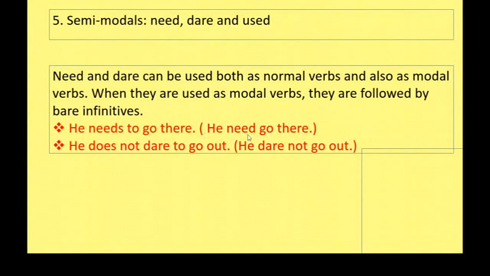So interrogative: need he go there. Negative: he need not go there. And negative interrogative: need he not go there, or needn't he go there. And if we use this as normal verb, then normal rules will be followed.